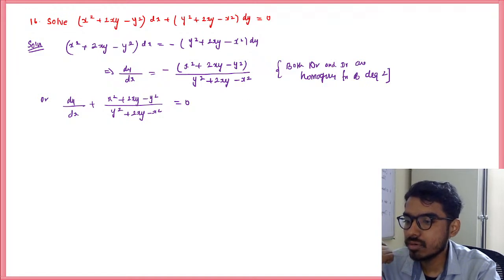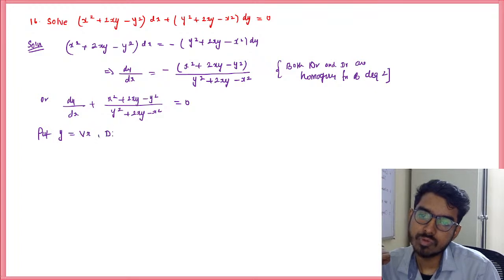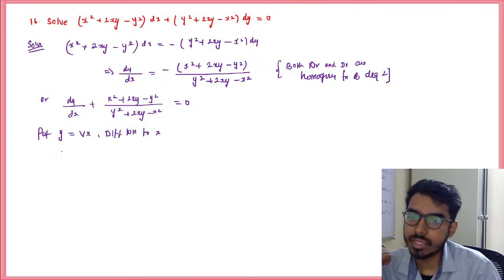So put y is equal to vx, right? Differentiate with respect to x.